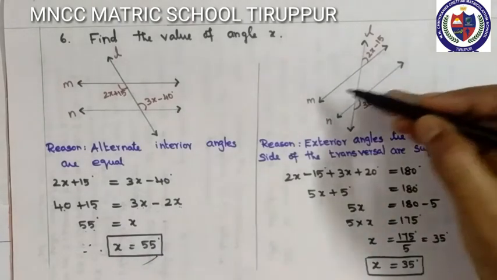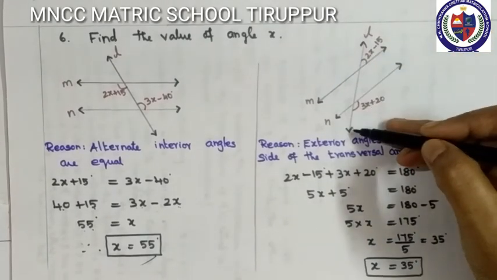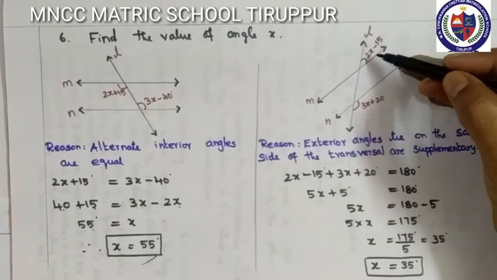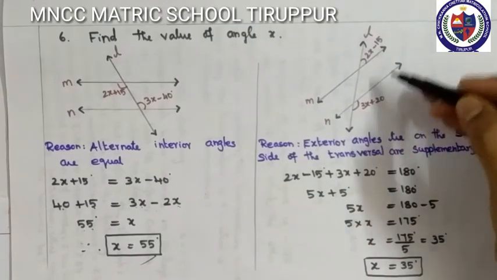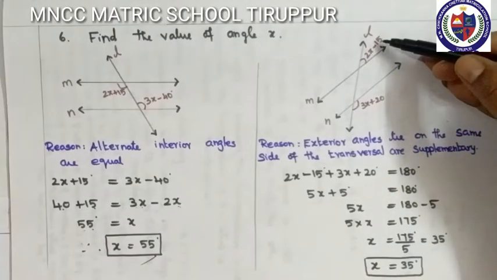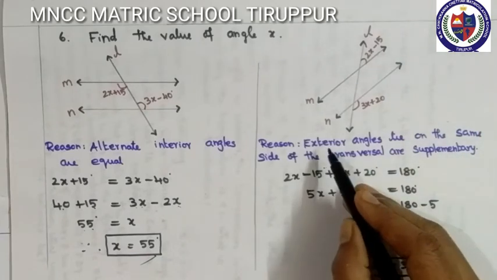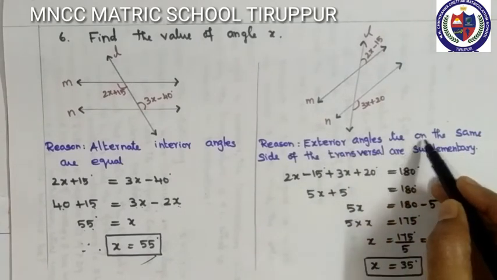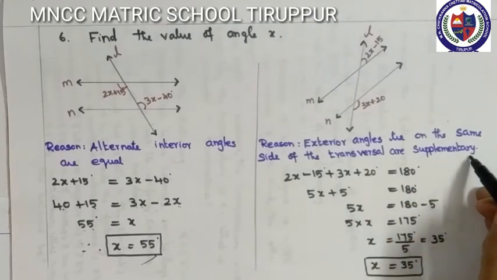Second sum. M and N are parallel lines, L is the transversal. Here 2x minus 15 and 3x plus 20 are both exterior angles lying on the same side of the transversal. Reason: exterior angles on the same side of the transversal are supplementary.